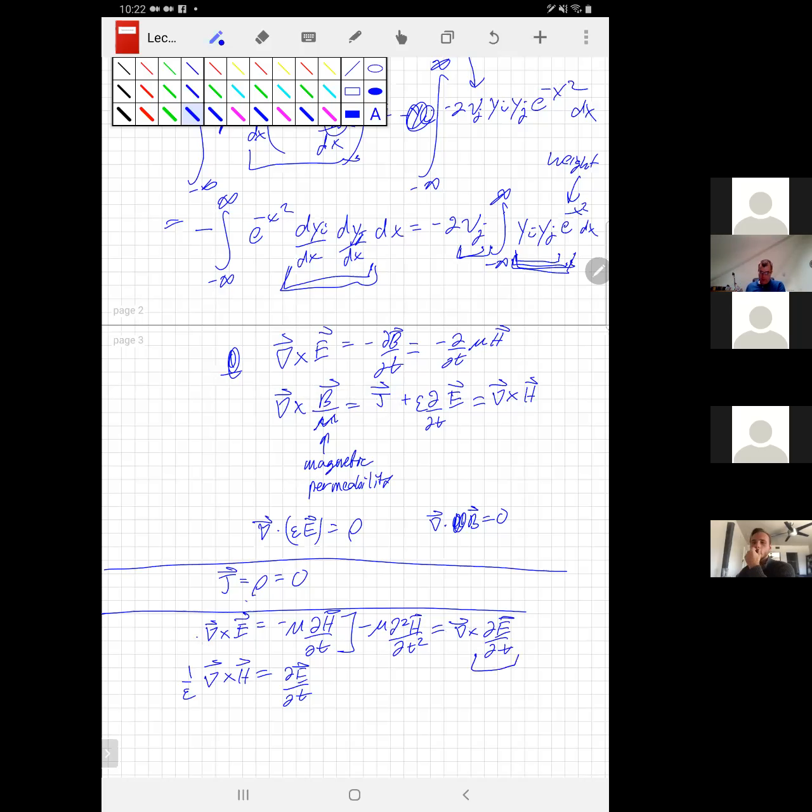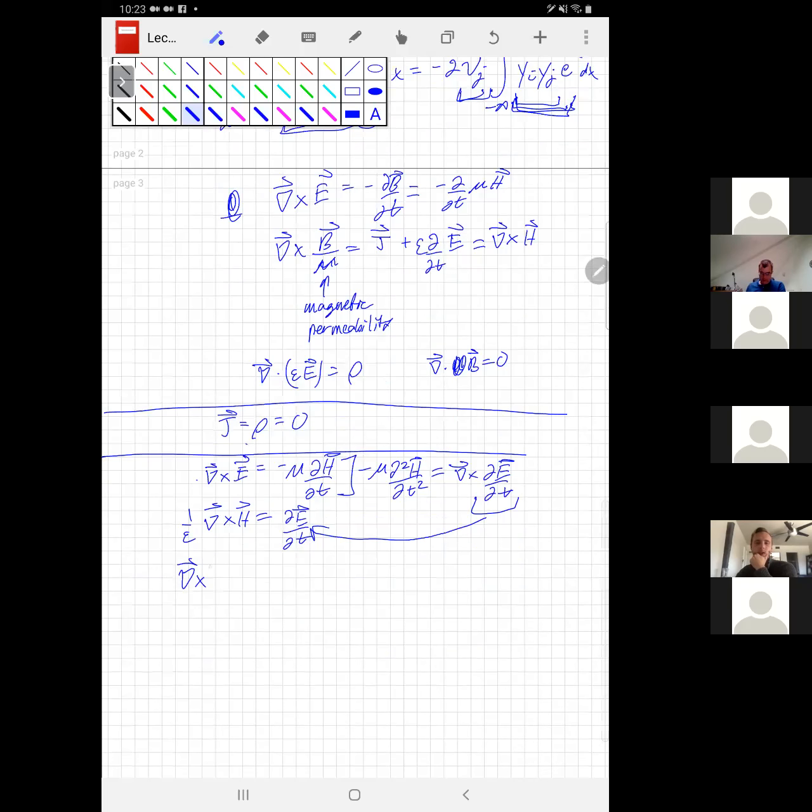Well, let's see, we already know what partial E partial t is. It's that. Okay, so the curl of that, del cross partial E partial t, is del cross 1 over epsilon del cross H, and that is equal to minus mu partial squared H partial t squared.